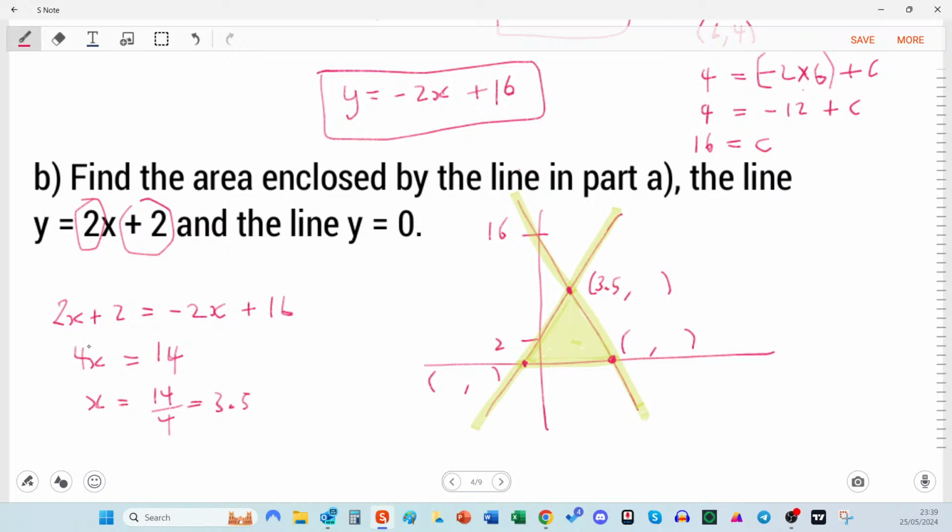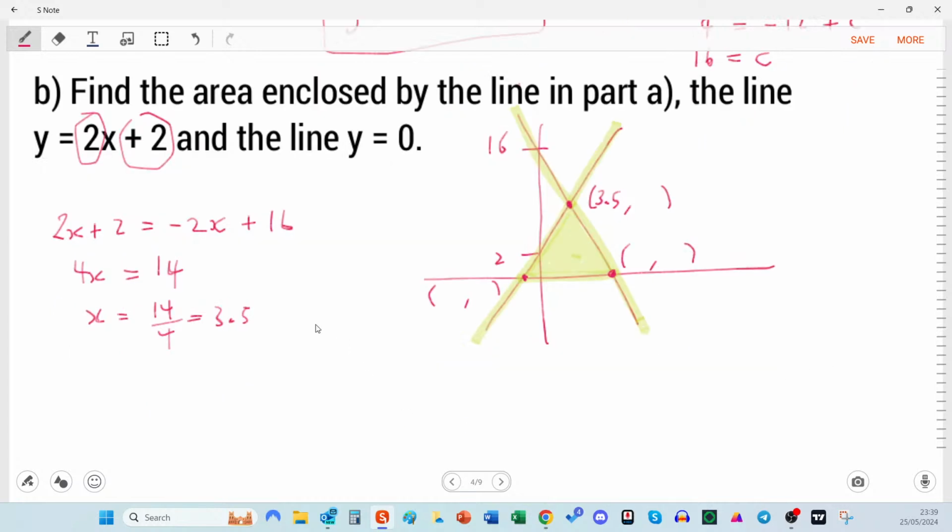This is the easiest part, I suppose. To find the y coordinate, just put it into the easiest of the equations. So I'm going to pick 2x plus 2. So 2 times 3.5 plus 2. That's 7 plus 2, that's 9. So we have a height there of 9.